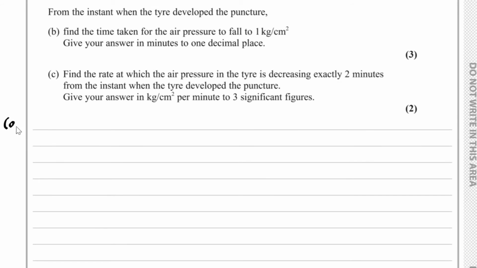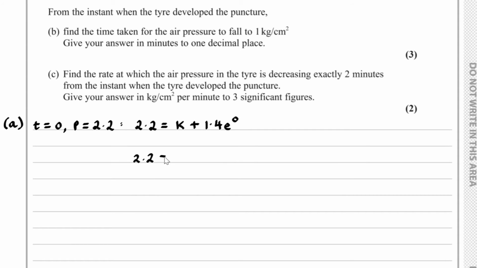And so for part A, when t equals 0, p equals 2.2. So we have 2.2 equals k plus 1.4 e to the power of 0.